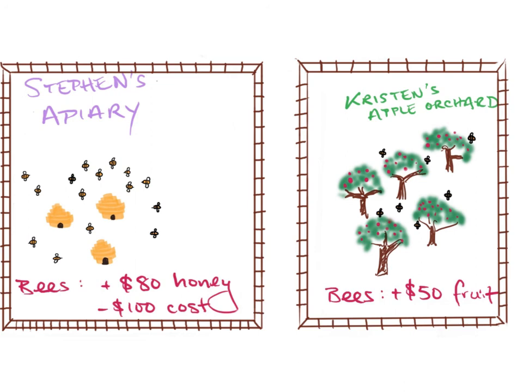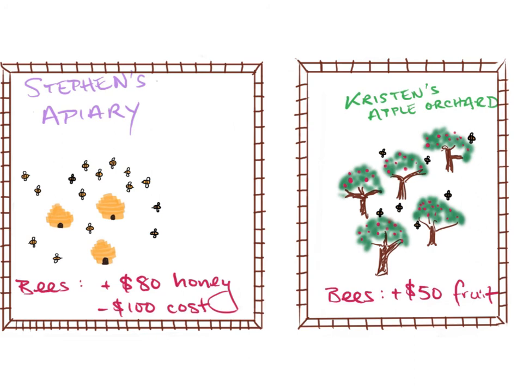But you understand Stephen's problem. Stephen is just one person and thinks of Stephen's business. He loses money, so he would shut down his apiary, his bee farm. People don't do enough of things that cause positive externalities.